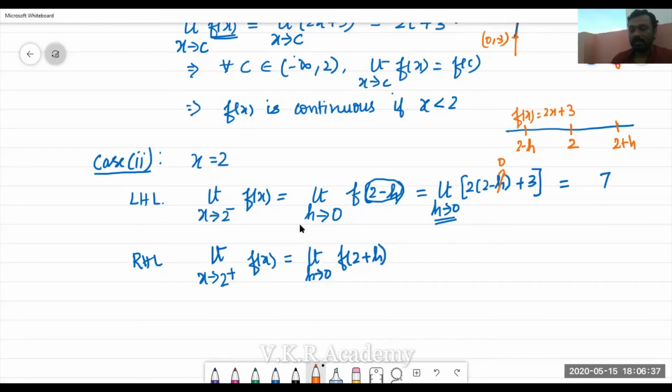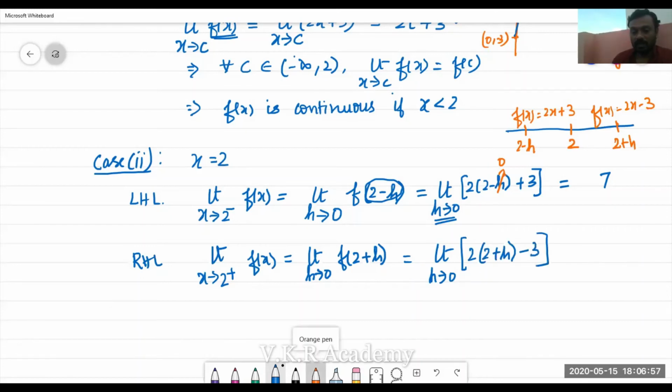So in this interval, f of x is 2x minus 3. So it is equal to limit h tends to 0 of 2 into 2 plus h minus 3. In this, if you allow h tends to 0, we have 4 minus 3, that is equal to 1.